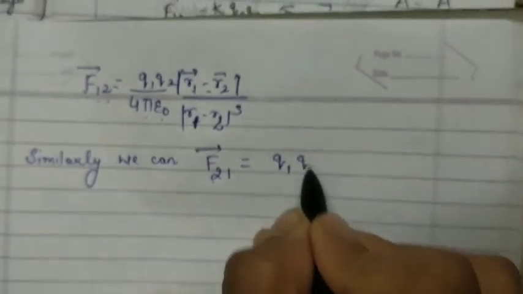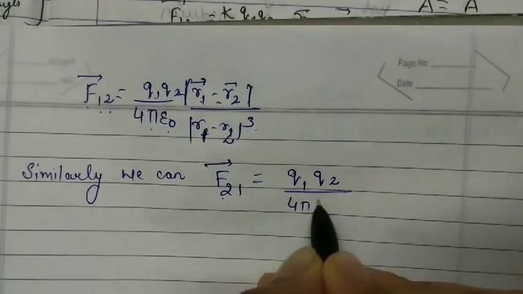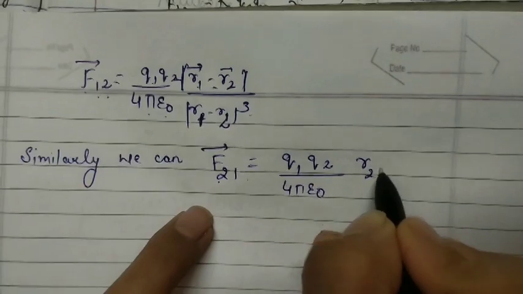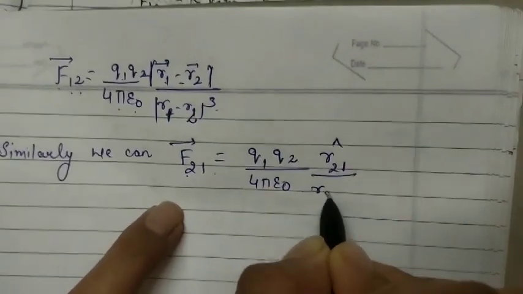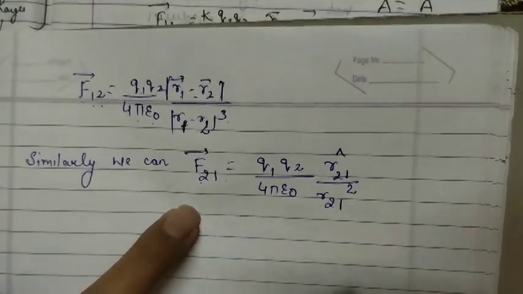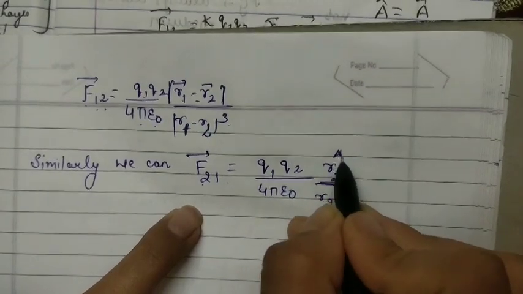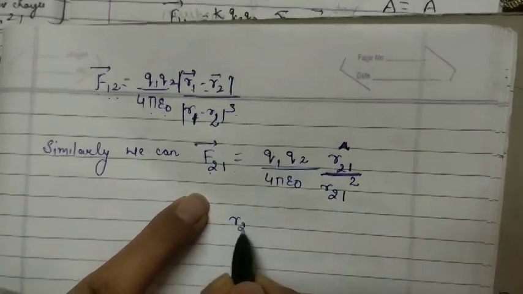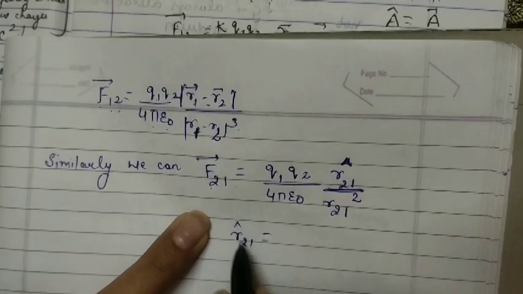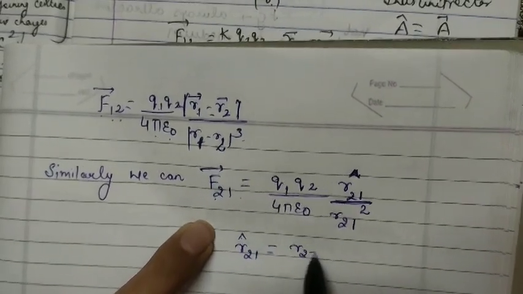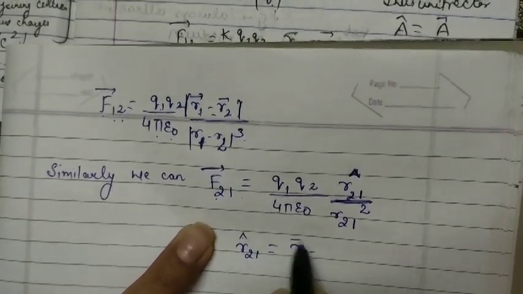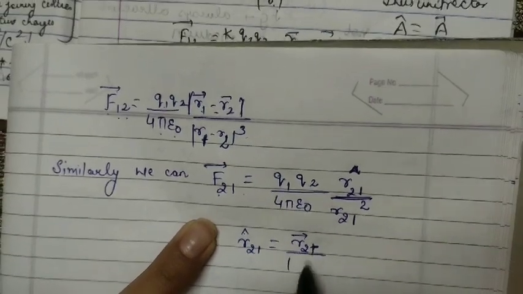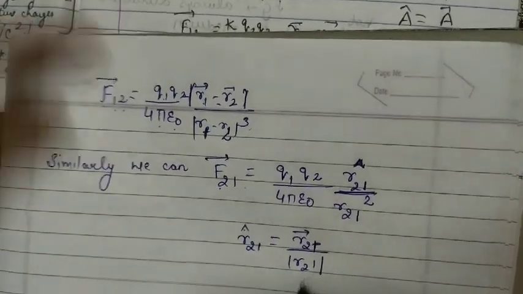F21 is Q1 Q2 divided by 4 pi epsilon naught R21 cap divided by R21 square. Now we will solve the unit vector. The formula of the unit vector is R21 cap is equal to R21 vector divided by R21 magnitude.